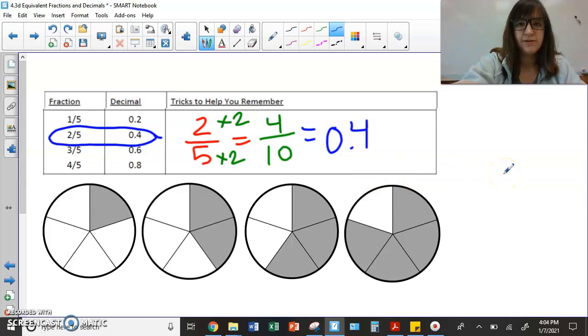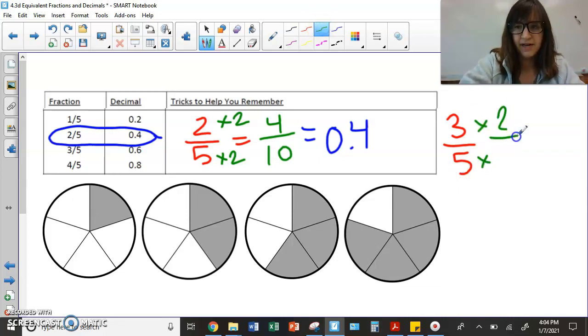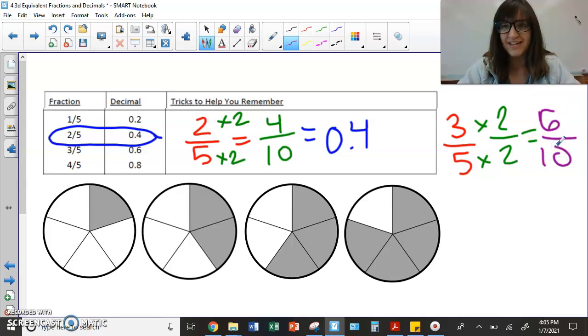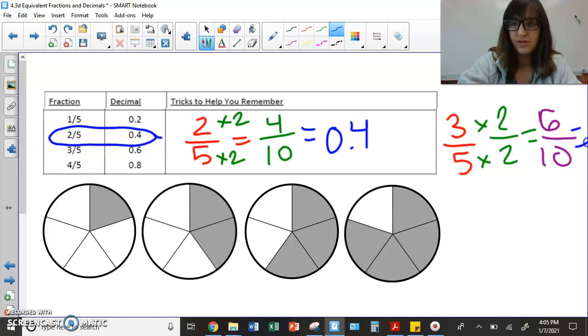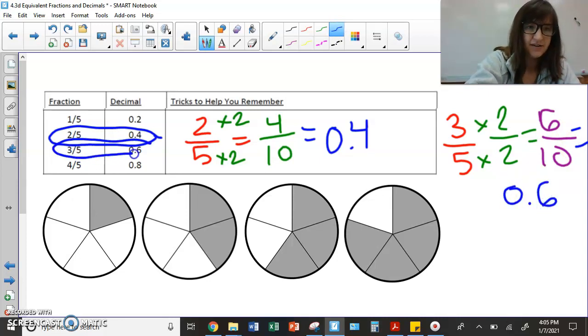Same thing if you did 3/5, I'm going to multiply it by 2/2, right? And so I'm going to end up getting, no, not 4/10, 6/10, because 3 times 2 is 6. I'm trying to make my denominator tenths, because once I make it tenths, I know 6/10, I say it as a fraction and a decimal the same way, 6/10.